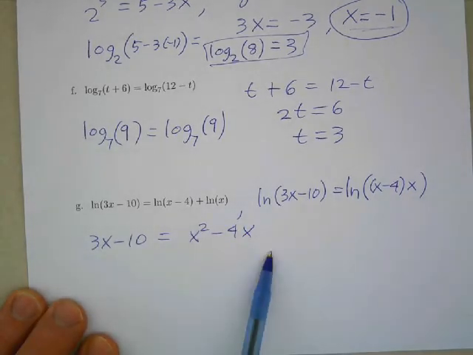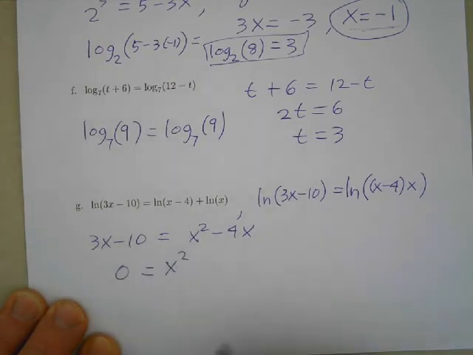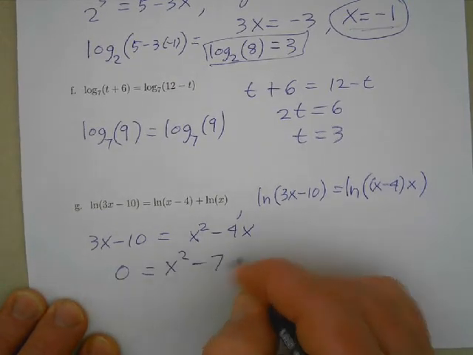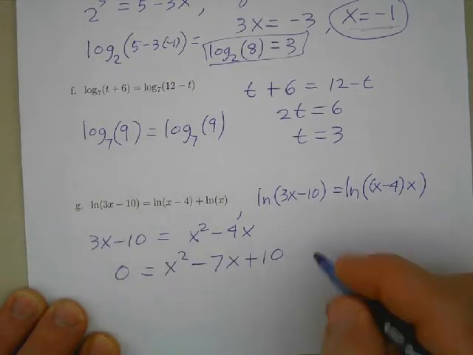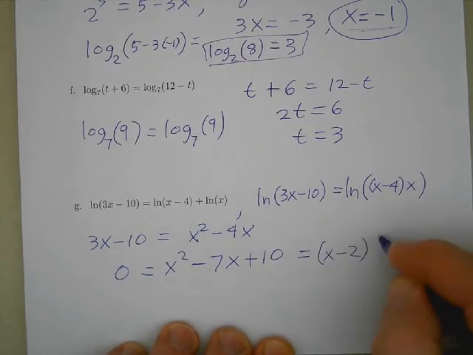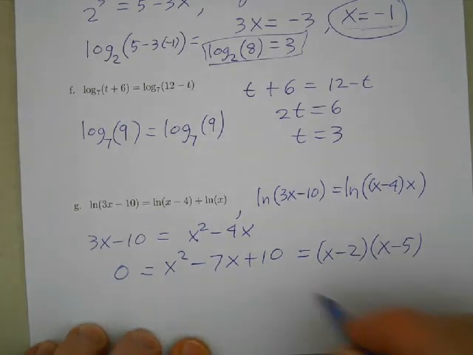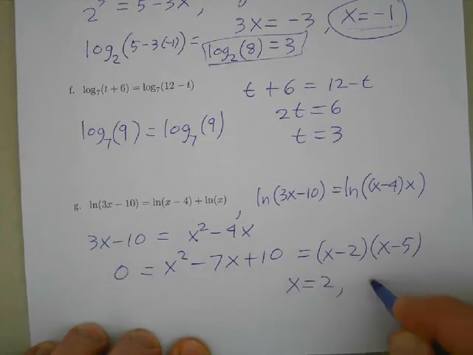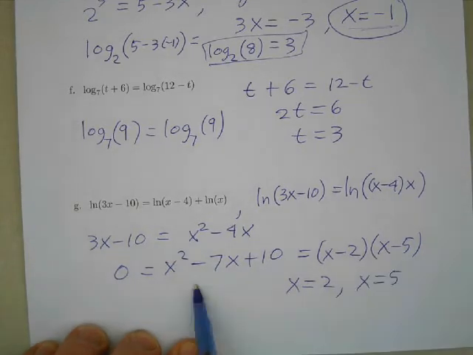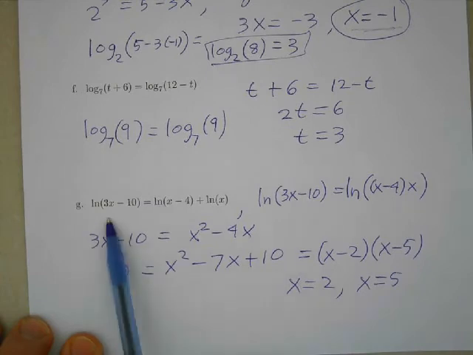And we'll subtract 3x from both sides and add 10 to both sides, and we get x squared minus 7x plus 10. And we can easily solve this by factoring. x minus 2 and x minus 5 are the two factors. And the solutions are x equals 2 and x equals 5 for the quadratic equation. But we're solving a logarithmic equation.